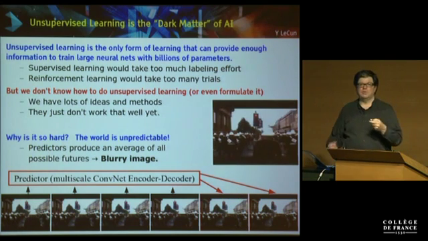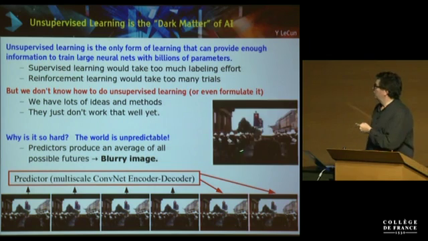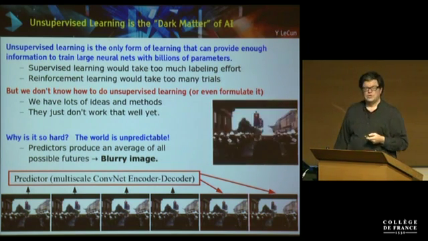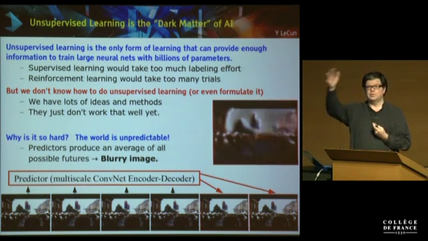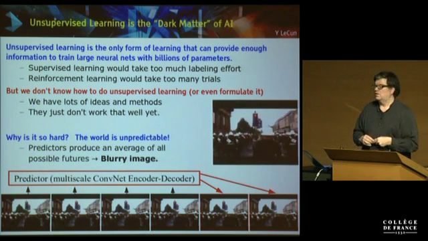If you train it minimizing the squared error, you obtain predictions that are very blurry. Why are they blurry? The best thing the system can do is predict the average of all possibilities observed in the database.